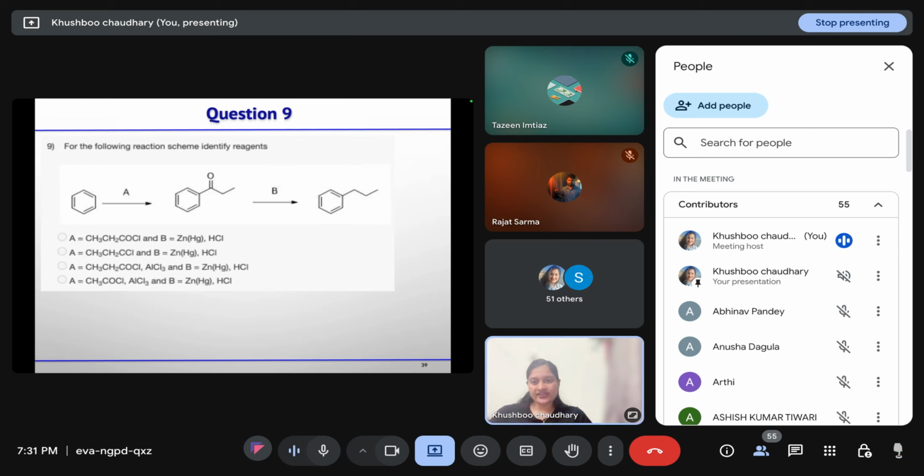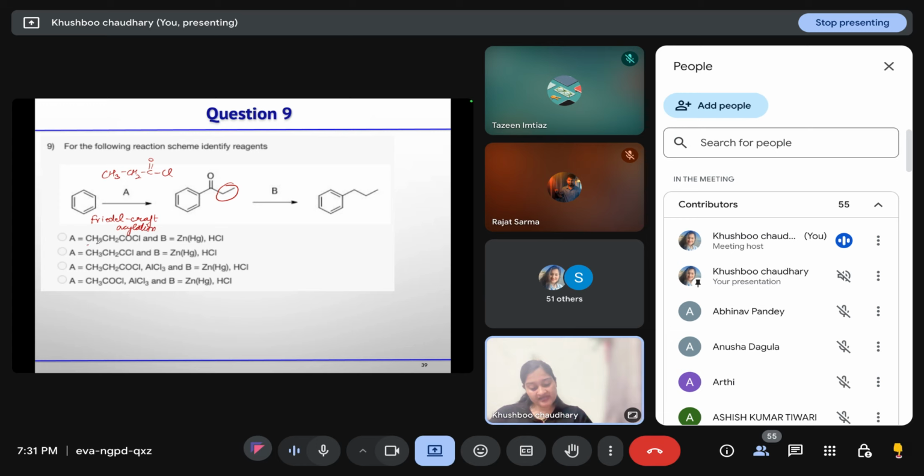Next is, for the following reaction, identify reagents. So first, which reaction is this? Friedel-Crafts acylation reaction. Correct. Now two carbons are there, that means your acyl chloride must have two carbons, and then it is attached with the COCl.